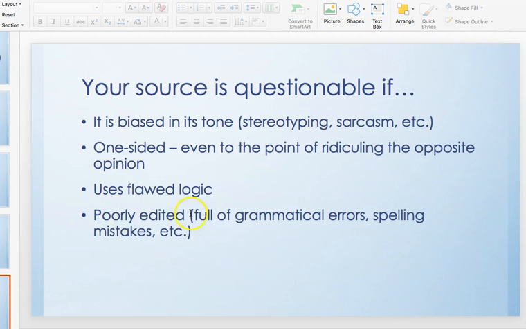And of course, if it is poorly edited, if it is full of grammar errors, if it has really obvious spelling mistakes, and it's just full of them. One or two grammatical errors are more than possible within a published piece of content, and spelling mistakes as well. It happens. I have read plenty of novels where I come across a pretty obvious typo, and I'll be like, oh my god, how did the editor not notice that?